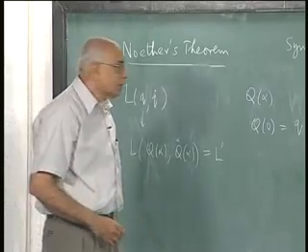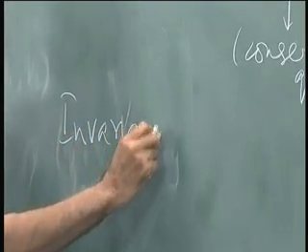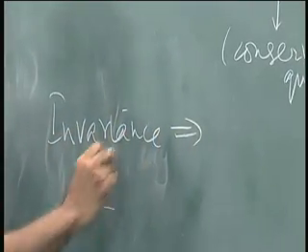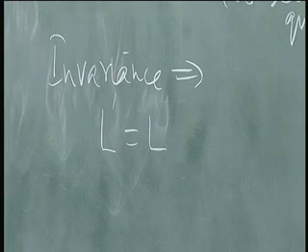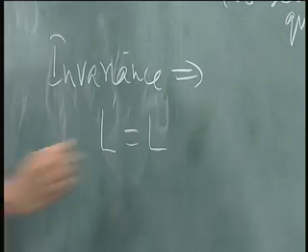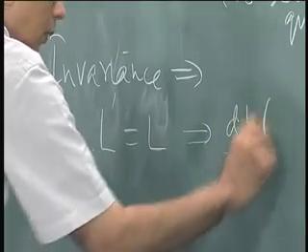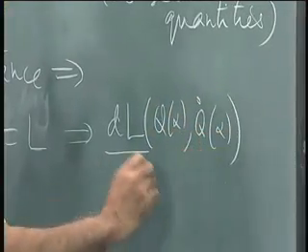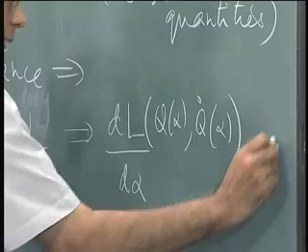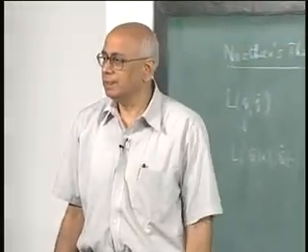So let us say invariance implies L prime equal to L, which in turn implies that dL of q of alpha, q dot of alpha over d alpha must be 0. It means this Lagrangian can't depend on alpha even though you made a change of coordinates.